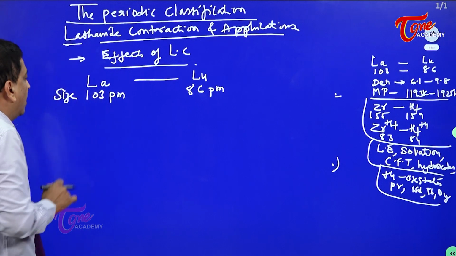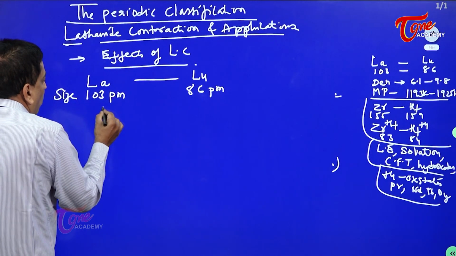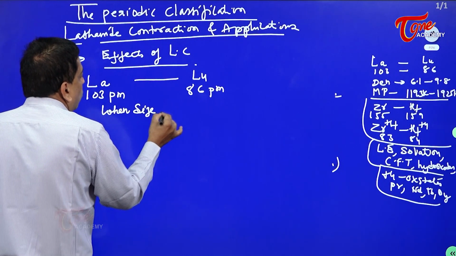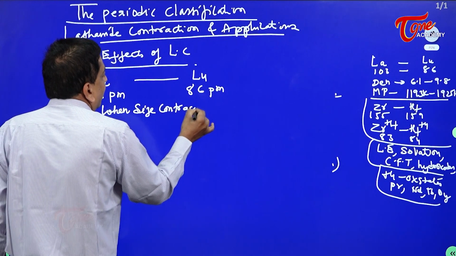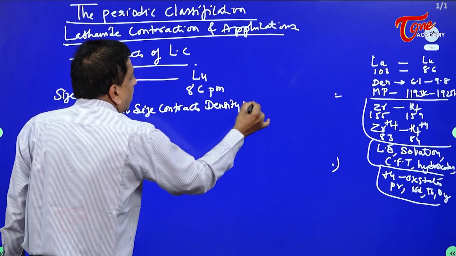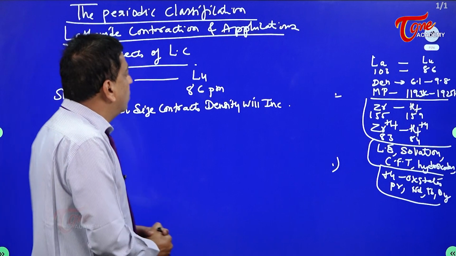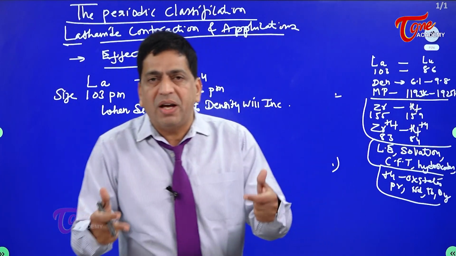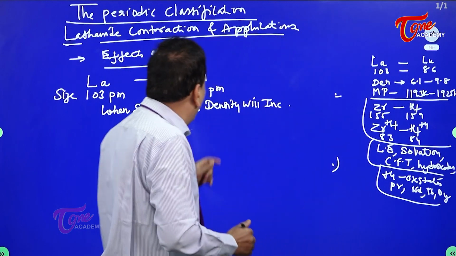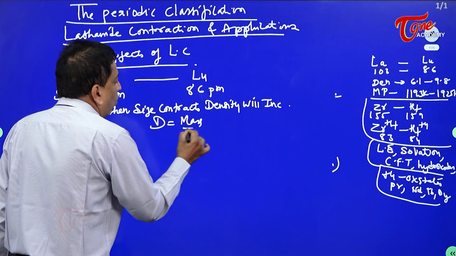You can see a significant contraction. And remember, when size contracts, the density will increase, because density is mass by volume.